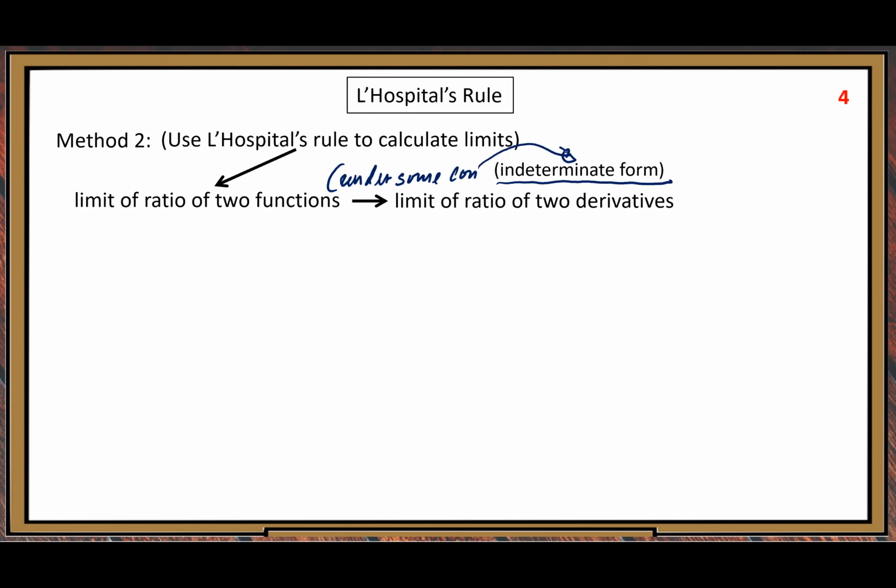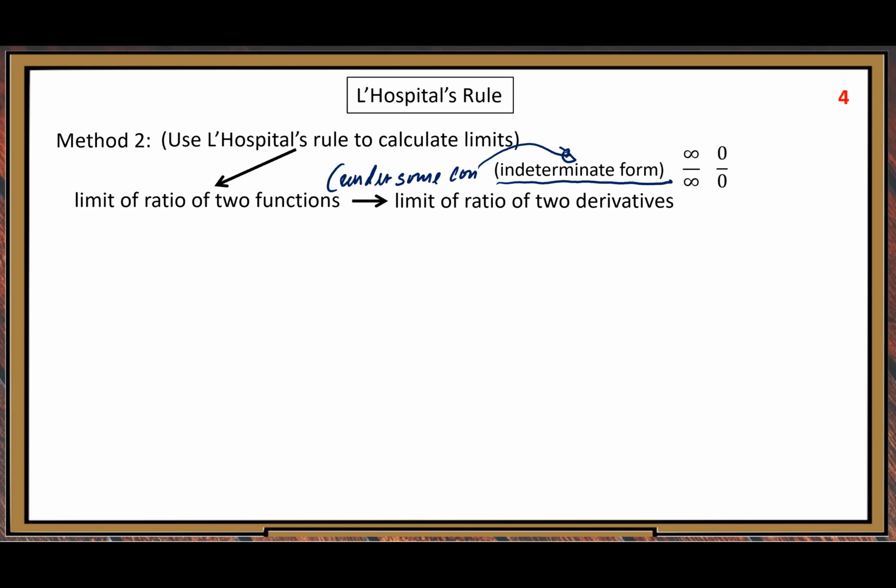You need to check if the ratio is an indeterminate form. So what is an indeterminate form? One commonly used indeterminate form is infinity over infinity, meaning the numerator approaches infinity and the denominator also approaches infinity. That's the first indeterminate form.